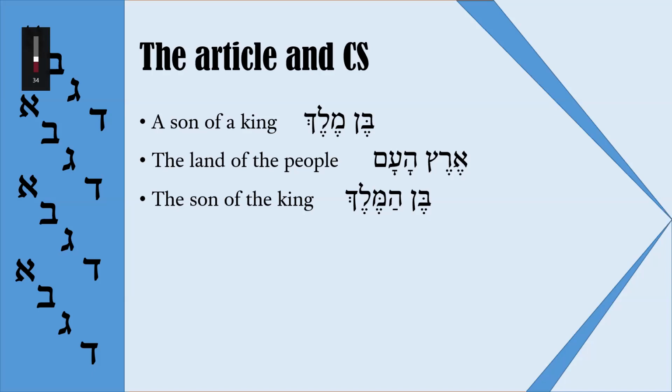Again, Pastor Harry? How can we write in Hebrew, a son of the king? A son, not the son. It's indefinite. A son of the king. So the king is definite and the son is indefinite. One of the sons of the king, yes? It is impossible to say this in this construction, but they probably will use another construction.